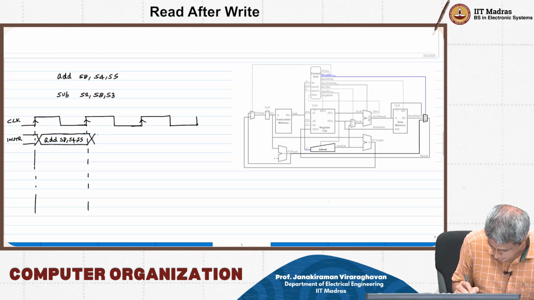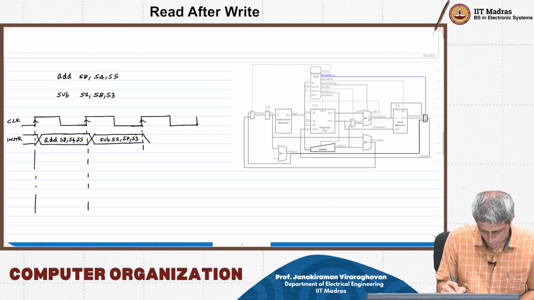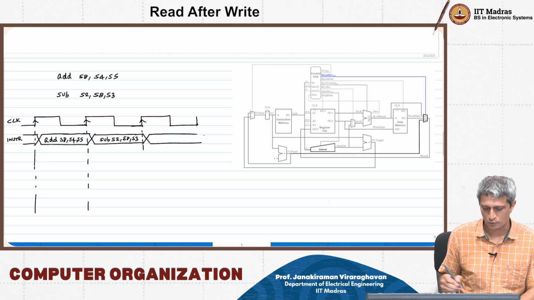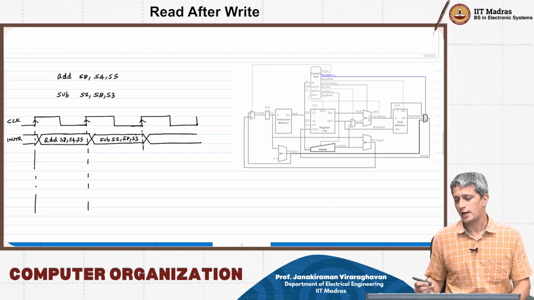Then this would come out in the next cycle as subtract S2, S8, S3. And then this would go here. That would be the next instruction, right?